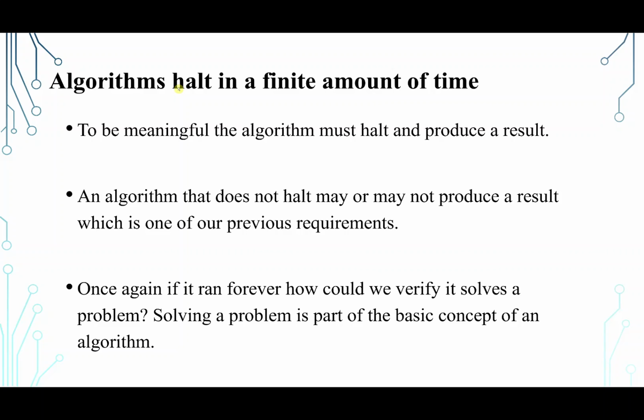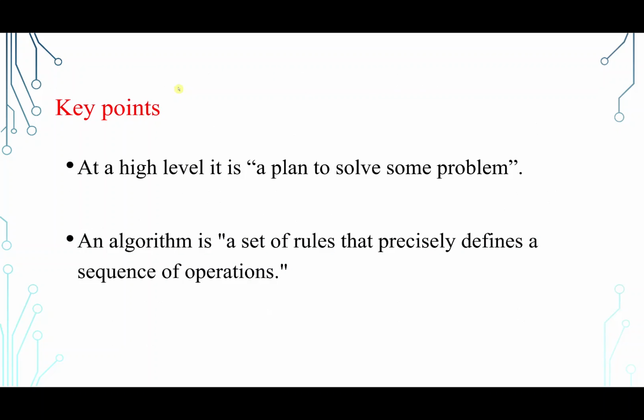So let's talk about key points from this lecture. That was a short lecture about algorithms. At a high level, it's a plan to solve some problem. An algorithm is a set of rules that precisely define a sequence of operations. Now, yes, this is the informal definition.